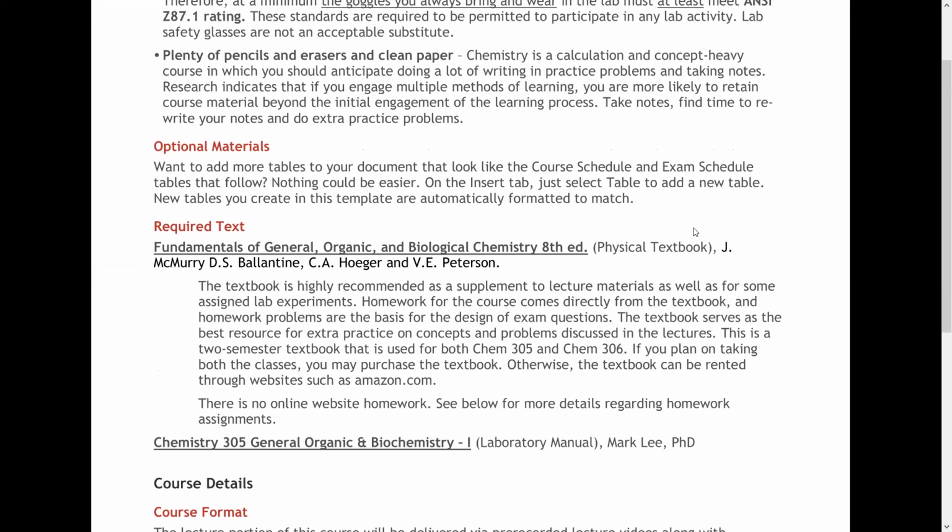It's the only physical text that you guys are required to obtain in however manner you require it. When I say physical text, that doesn't mean you actually have to get a physical book if you don't want to. If you can obtain an ebook of it in whatever fashion you can, that will work as well. But it does need to be this specific book, Fundamentals of General Organic and Biological Chemistry, 8th edition by J. McMurry, D.S. Ballantine et al.